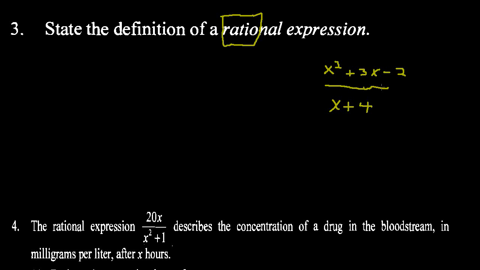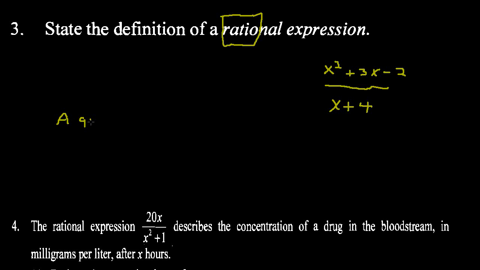What I've written was one polynomial divided by another polynomial, and the answer to a division problem is a quotient, and it turns out all of this is a long-winded way to say what the definition of a rational expression is. It is a quotient.